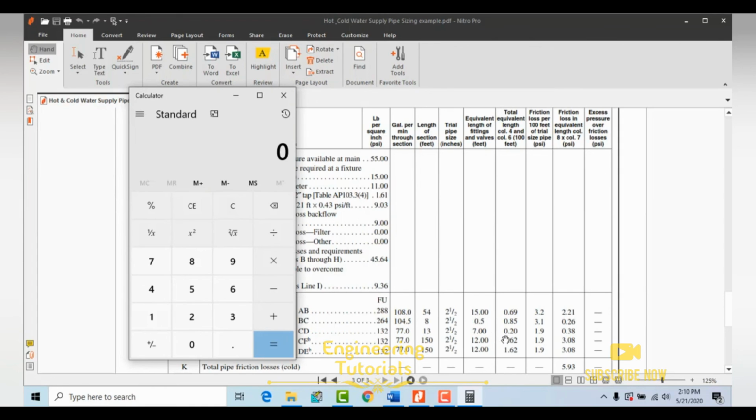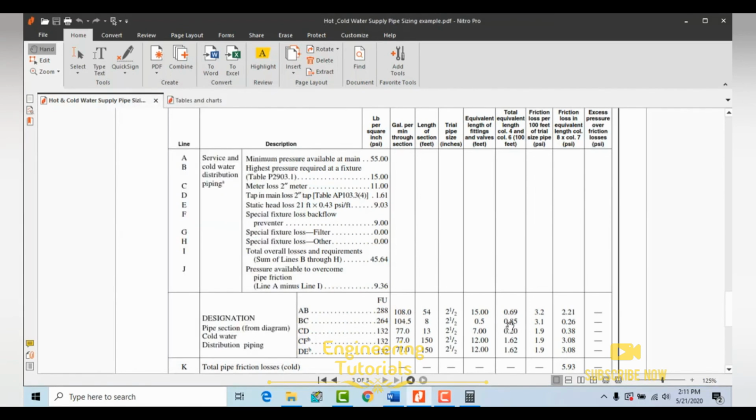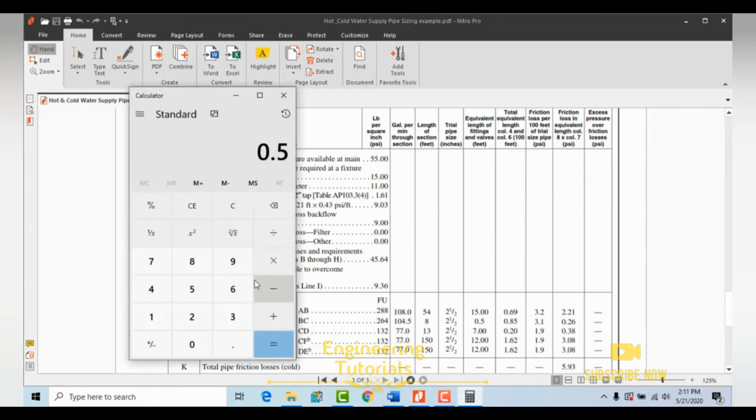and then again we have 0.5. Sorry, this one is by mistake 0.85, it should be 0.085 because we need to add both lengths, that is 8 plus 0.5, that is 8.5. 8.5 divided by 100 is 0.085, so it's by mistake 0.85, it should be 0.085.